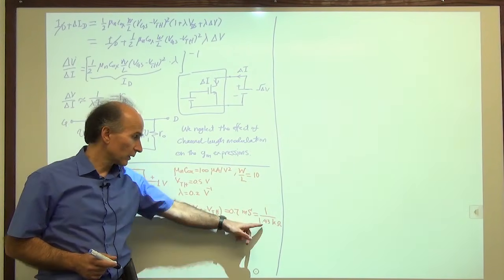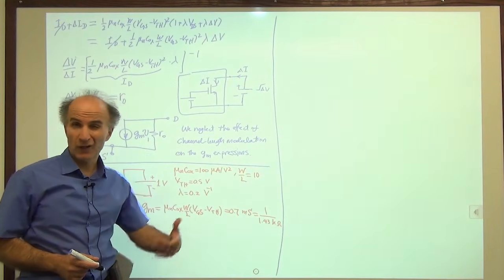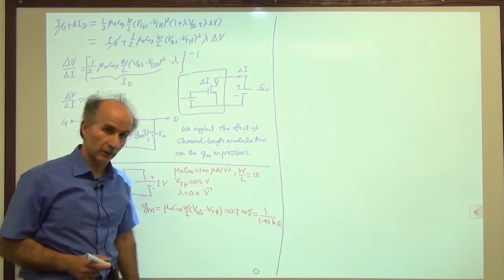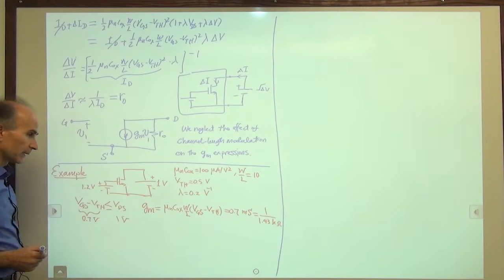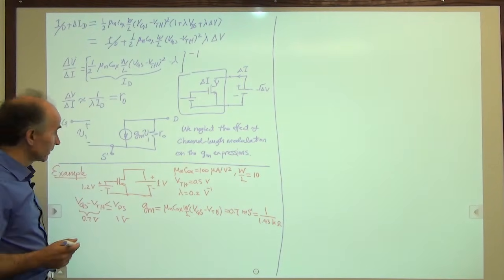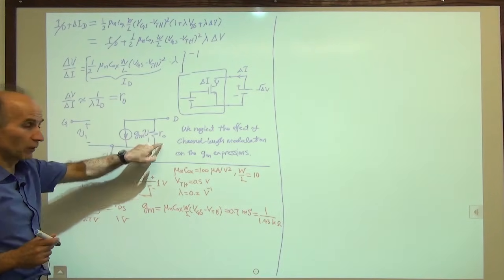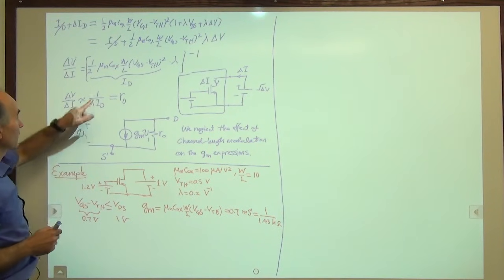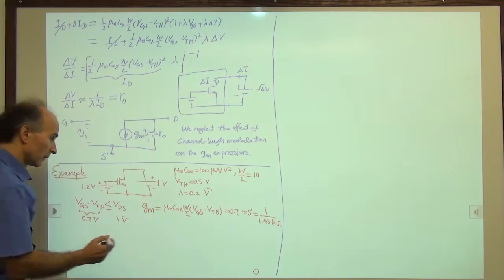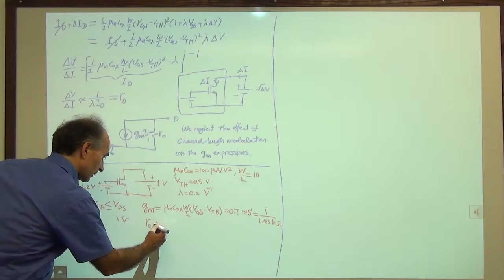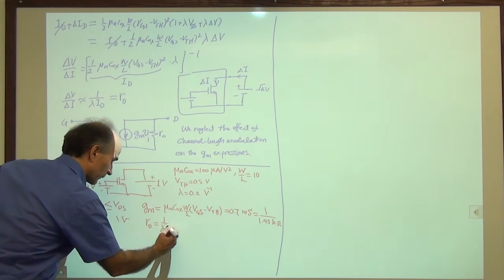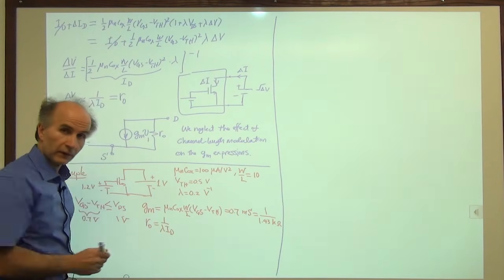We are looking for maybe a resistance of a few hundred ohms. So that's the typical value. All right, so we found gm. Good. That's done. Now we go to ro. ro was 1 over lambda ID. So ro is equal to 1 over lambda ID. ID is the bias current.